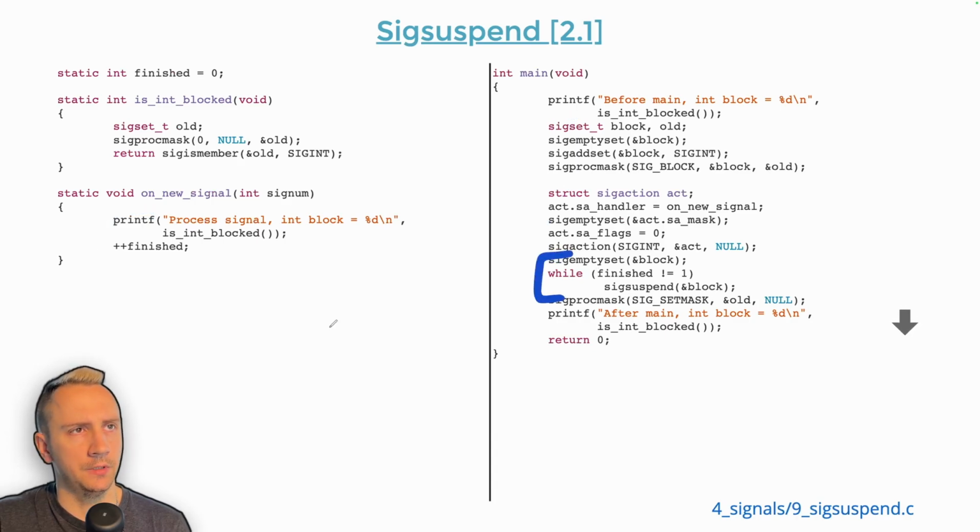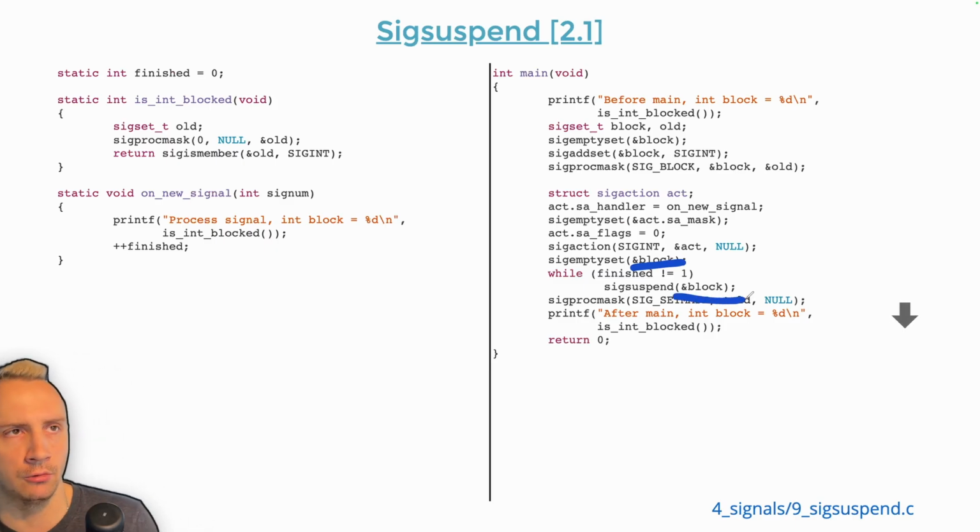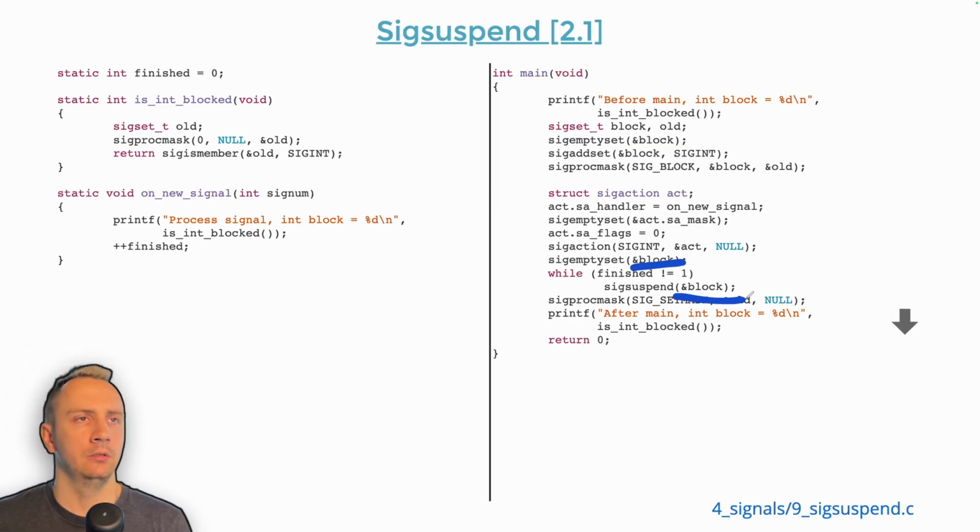This invocation of sig suspend will atomically set the empty signal mask into the current thread, so all signals get unblocked, and it calls pause. In this way I can wait safely until my signal is received.